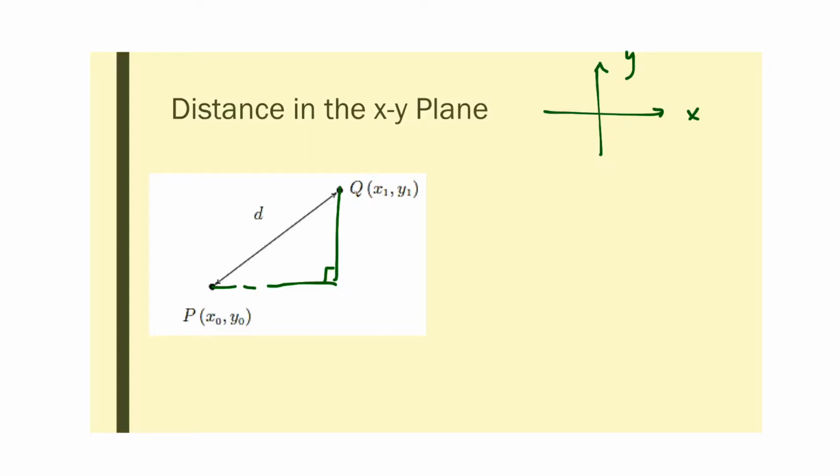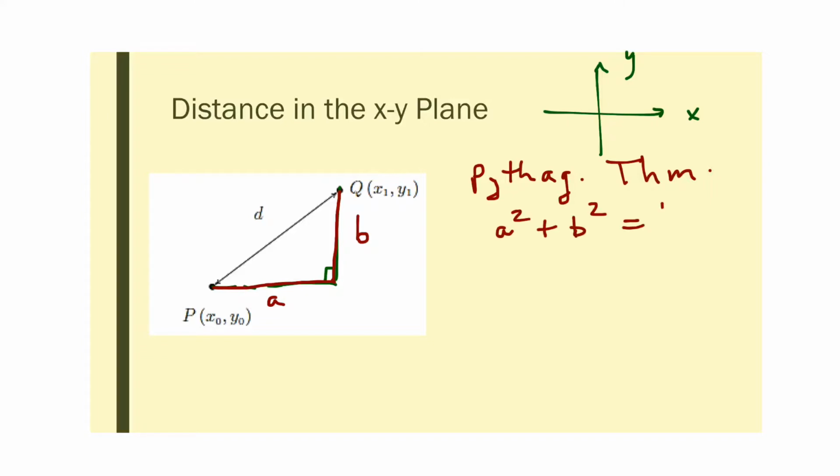If I'm talking about this distance here, let's call that A, and we'll call this one over here B. So remember that Pythagorean theorem. I'm just going to abbreviate it, speed this video up a little: A squared plus B squared is equal to D squared.